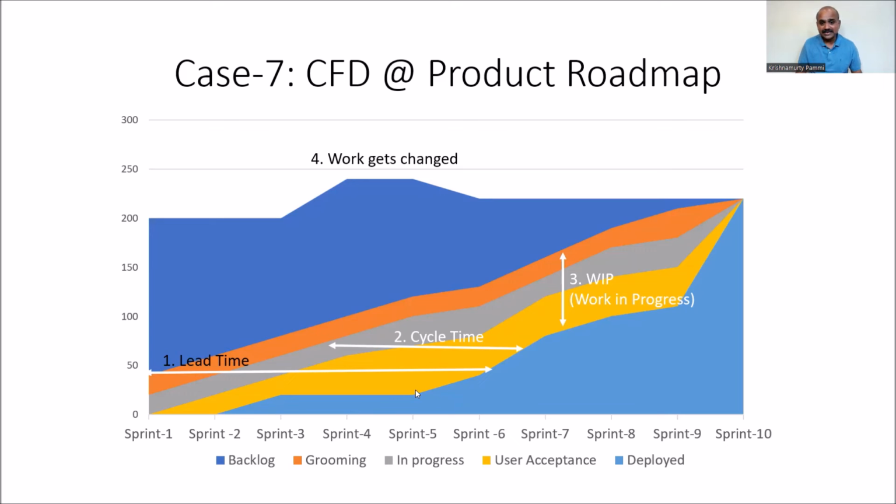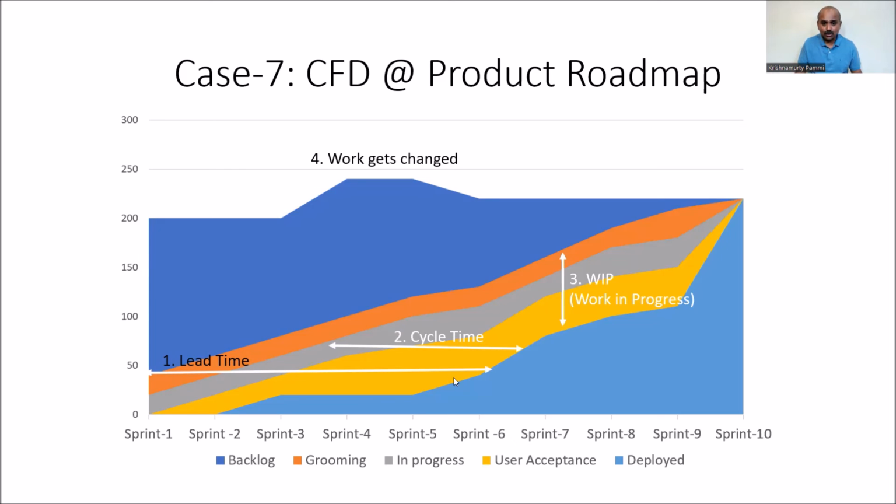First, it talks about lead time. Friends, I'm introducing the word lead time here. Lead time is when, right from a feature is added to a backlog till the time it has touched the production. That's the lead time. Whereas cycle time is right when a developer has picked up. There is a change, like lead time and cycle time. So a feature, once it gets added, it has to be groomed, and then only the developer will accept.